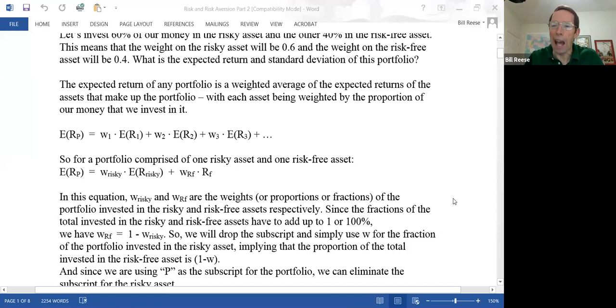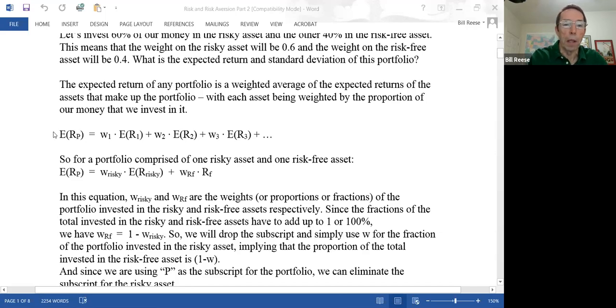It's a weighted average of the expected returns on each of the assets that make up the portfolio, with the weights being what proportion or percentage of your money is invested in each of those assets. So W1 is the weight in asset one, the proportion of your money invested in asset one. W2 is the weight on asset two, and so forth. Whenever we have a weighted average, the weights have to add up to 1.